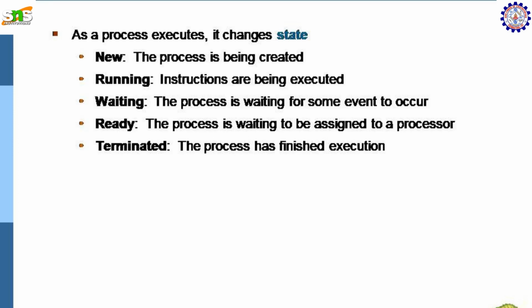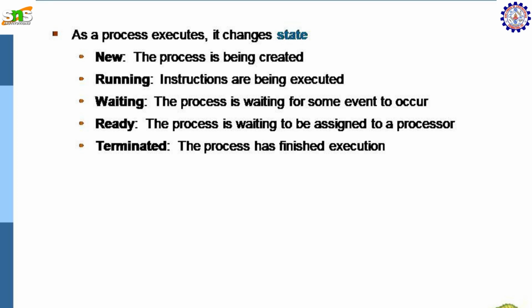Next, we have different process states. The different process states are new state, running state, waiting state, ready state, and terminated state. When a process is being created, it is in the new state. When instructions are being executed, it is in the running state.